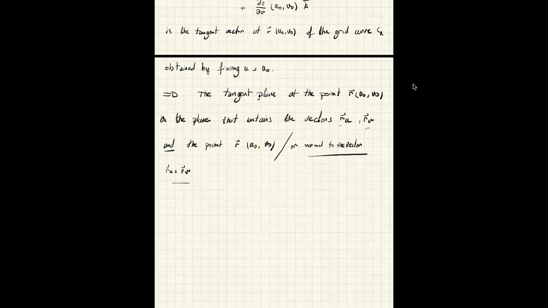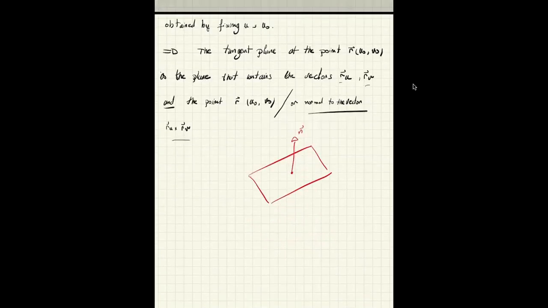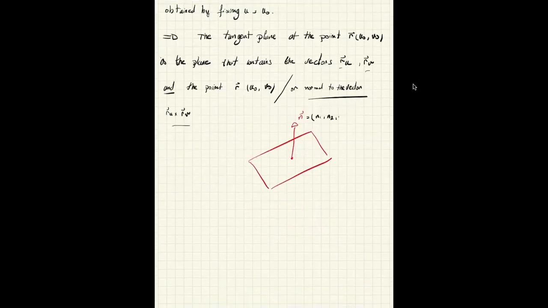If I give you a plane, a normal vector n = (n1, n2, n3), and a point (x0, y0, z0), then the equation of the plane will be n1(x - x0) + n2(y - y0) + n3(z - z0).